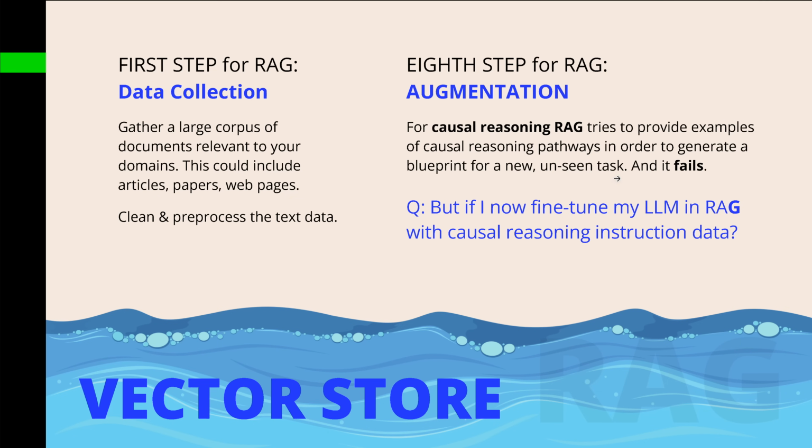And if you have seen my last video, you know it fails. Even if we have GPT-4 Turbo with RAG or Gemini 1.5 Pro with RAG, it fails. And now you have the idea, hey, wait a second, but if I now fine-tune my LLM in RAG, so the G, with a causal reasoning instruction dataset, what would happen then?